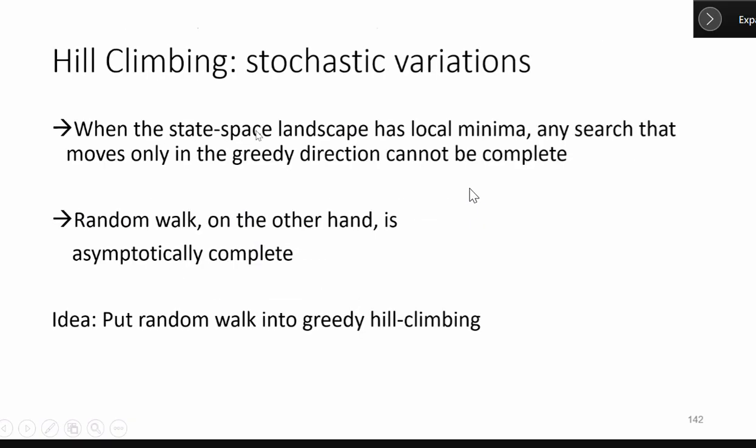When the state space landscape has local minima, any search that moves only in the greedy direction cannot be complete. Random walk, on the other hand, is asymptotically complete, so put random walk into greedy hill climbing.